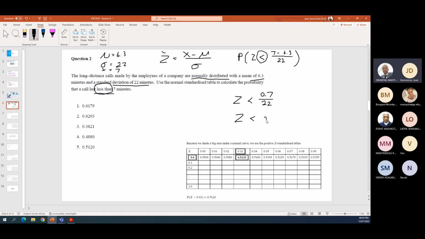Sure, this will be a weird number, but 0.7 divided by 22. So we sit with 0.03, and it's actually, let's just put the whole 0.0318. Okay, so that will round off to 0.03. So we need to get the Z that is smaller than 0.03.